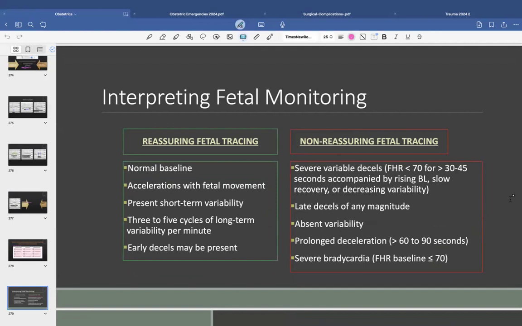There may be early decelerations present. These are all okay. These are reassuring on a fetal trace. What we don't want to see, this is what you need to remember, what you don't want to see are severe variable decelerations, where the fetal heart rate drops to 70 for more than 30 to 45 seconds.